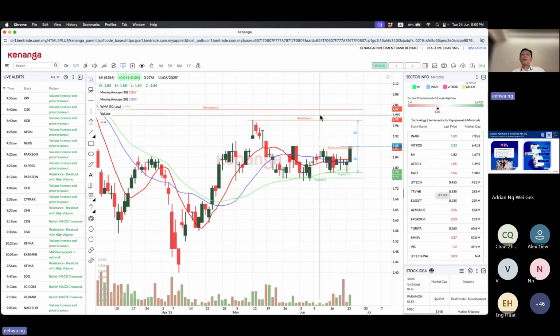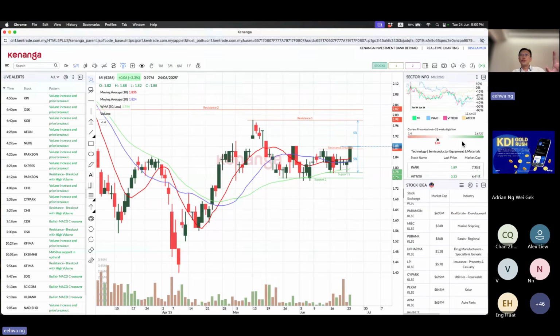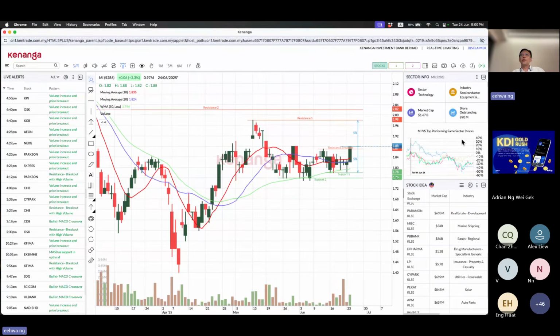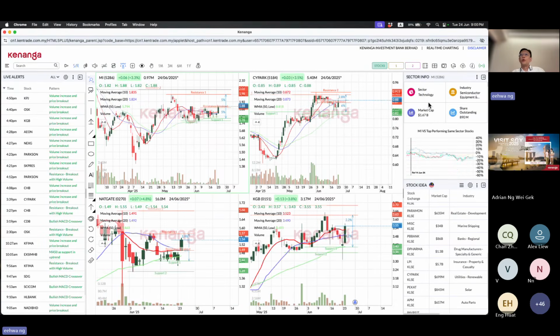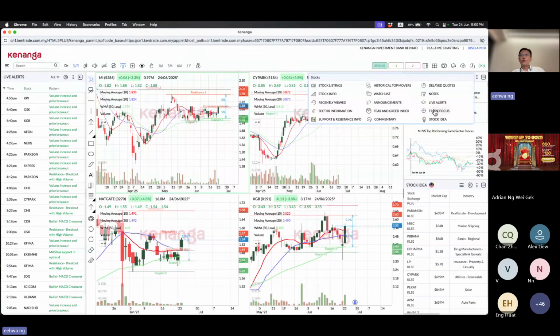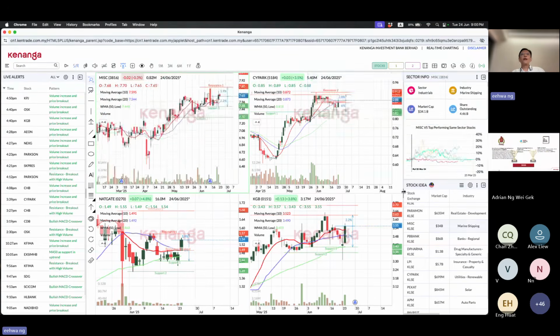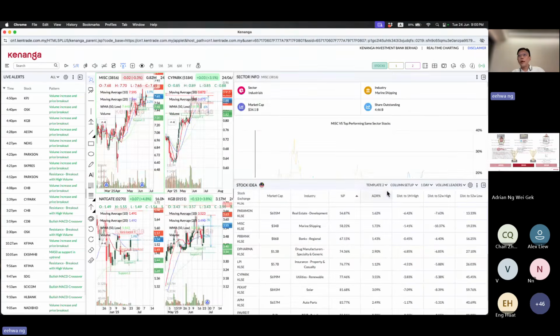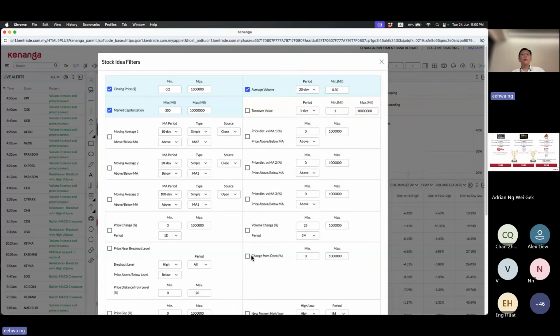Just nice. So I'm going to go through one more summary for you so that you know what the key features are. The multi-layer, the multi-chart, or 4x2x2. And then this is the menu to select the features that you want to use, and the stock idea, to find lobang to make money. Stock idea, come in, do the setting, play around with it, guys.